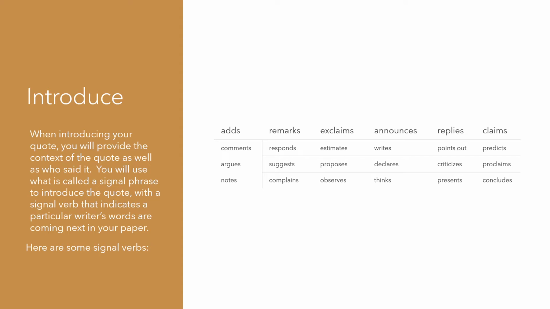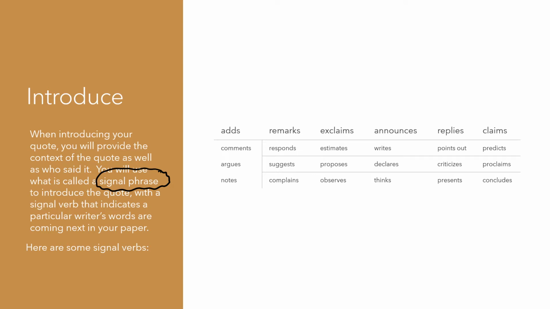So let's start with introduce. When introducing your quote, you will provide the context of the quote as well as who said it. You will use what is called a signal phrase to introduce the quote. Let me circle the word signal phrase because that's important. The signal phrase will have a signal verb that indicates a particular writer's words are coming up next in your paper.